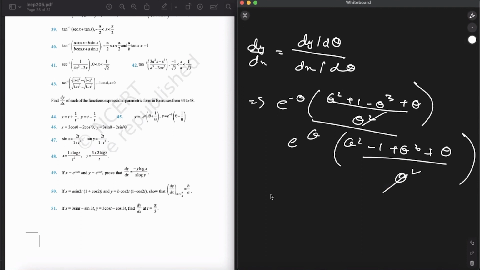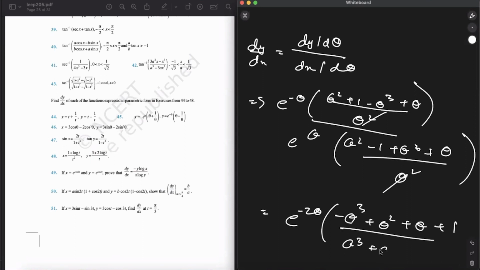Okay. So e to the minus 2 theta, minus theta cube plus theta square plus theta plus 1 whole divided by theta cube plus theta square plus theta minus 1. So this will be your answer.